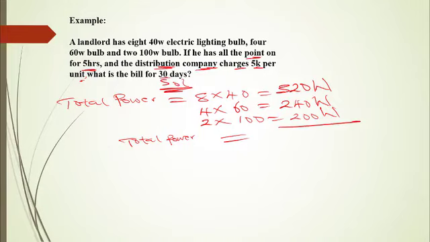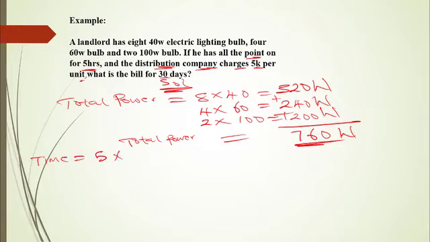When you add 320 plus 240 plus 200, you're going to have the sum of 760 watts.